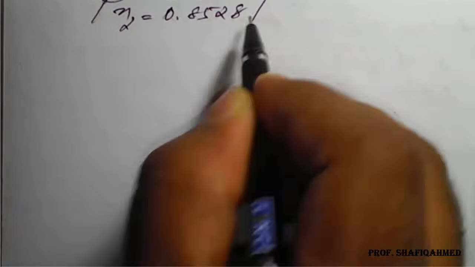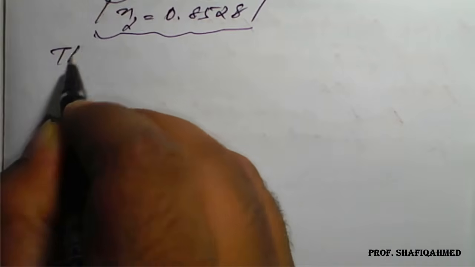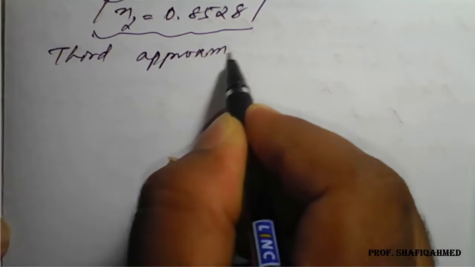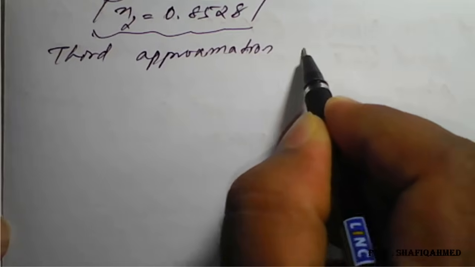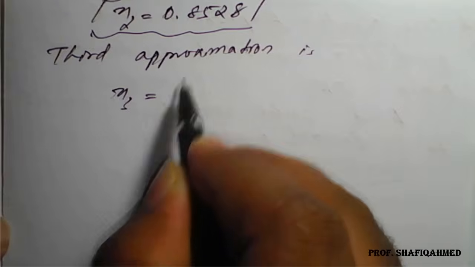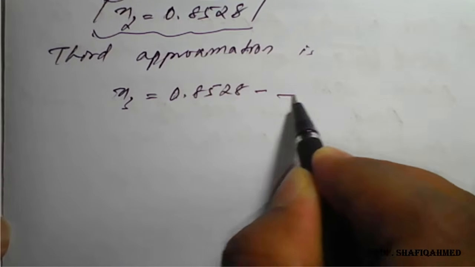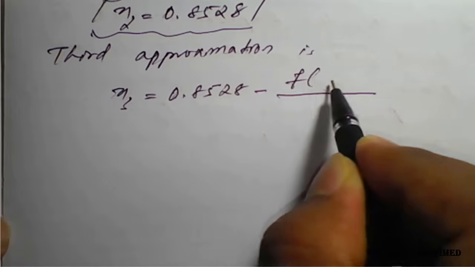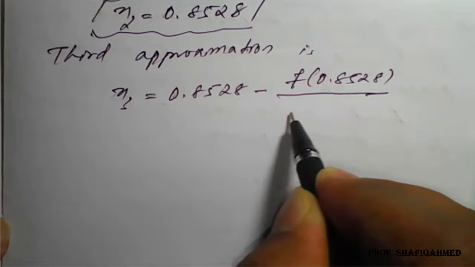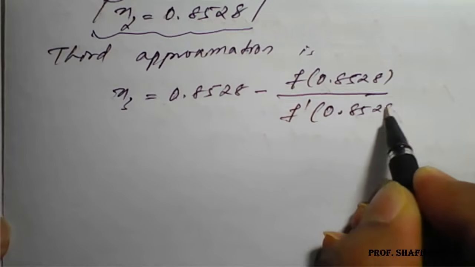Still not satisfied with x1 and x2, we have to go for the third approximation. x3 is equal to x2 value 0.8528 minus f of x2 divided by f dash of x2, where x2 is 0.8528.